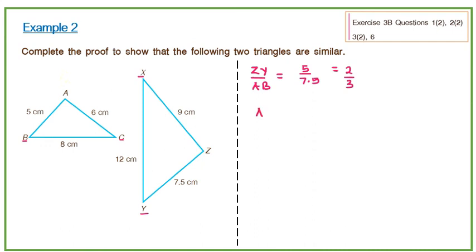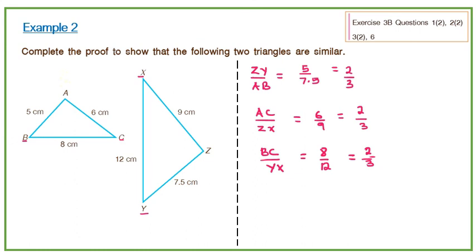Next we have AC out of ZX. This will be 6 out of 9. And this will give us 2 out of 3. The last one we have BC out of YX, and this will give us 8 out of 12. This will be 2 out of 3.